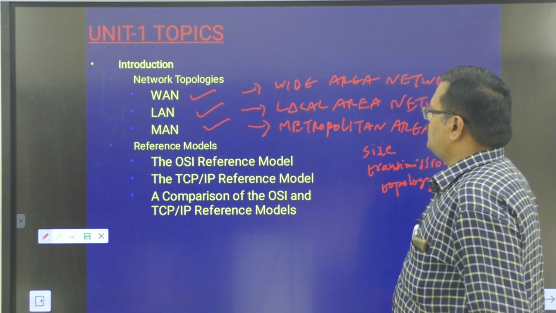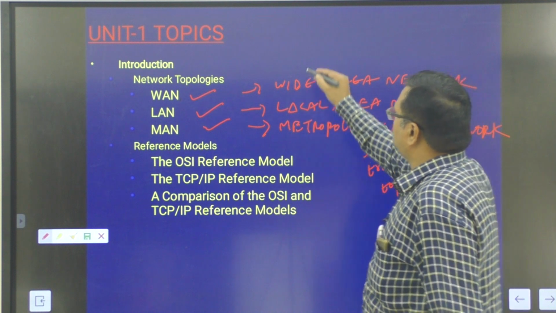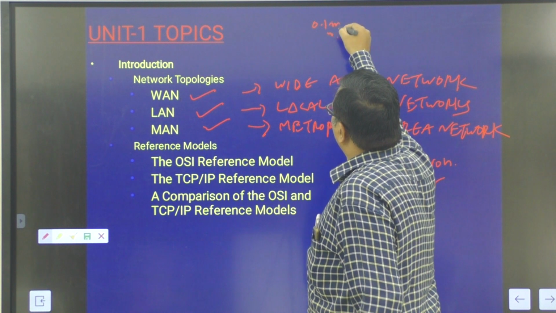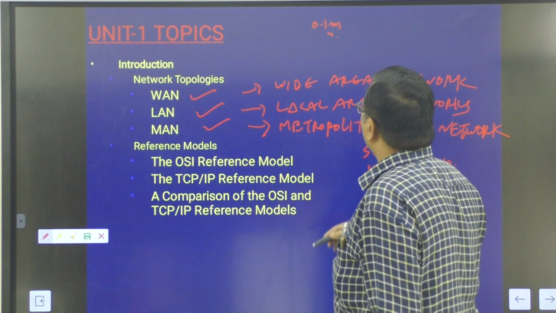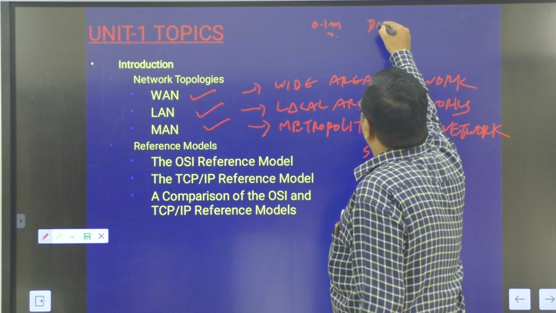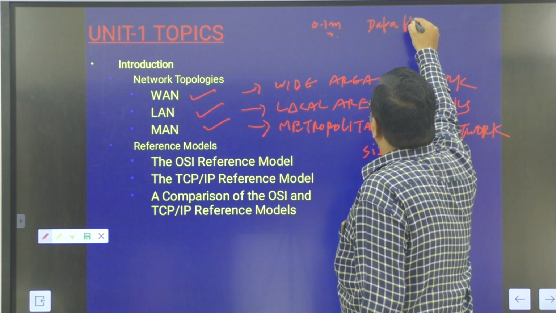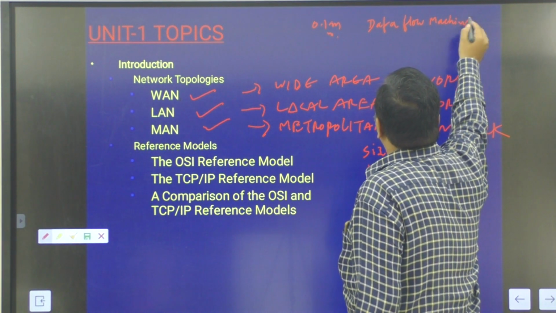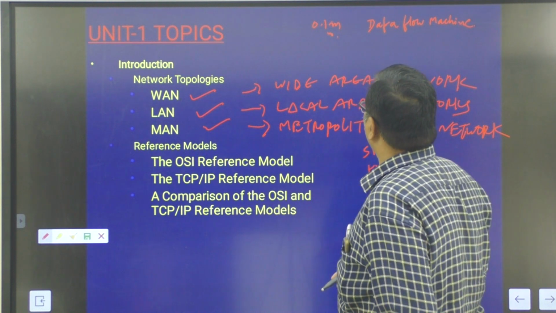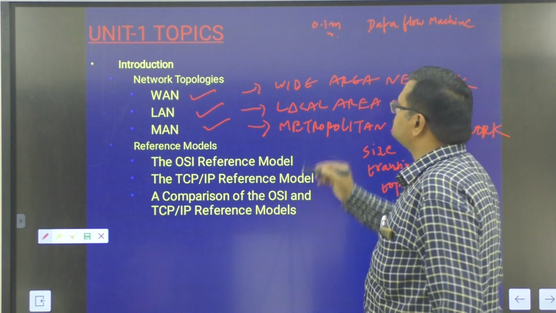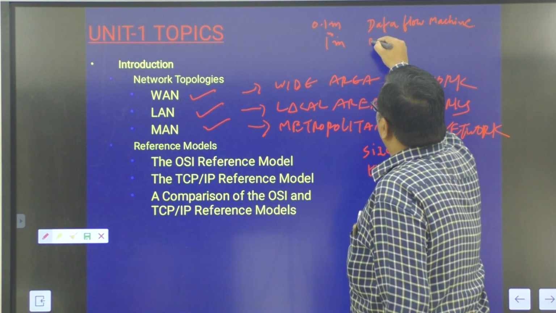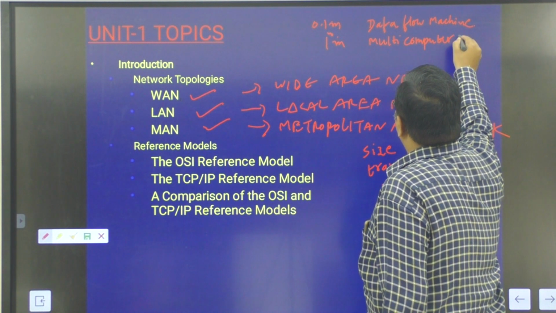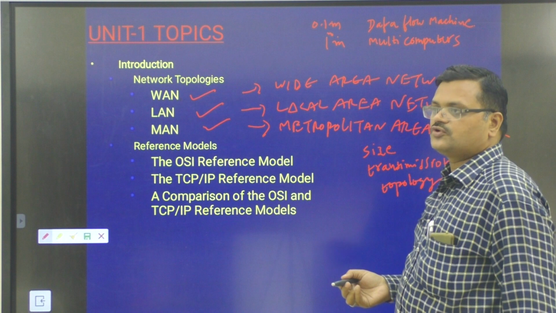Suppose the size is 0.1 meter, then it is a data flow machine. If it is 1 meter, multi computers, I mean computers having more than one processor.